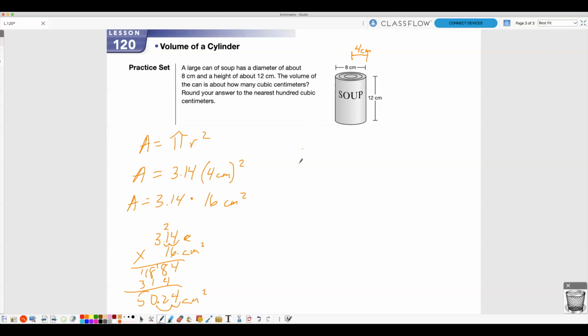And if I was going to round that, because it says round your answer to the nearest 100 cubic centimeters, I'm going to take off this piece right here.